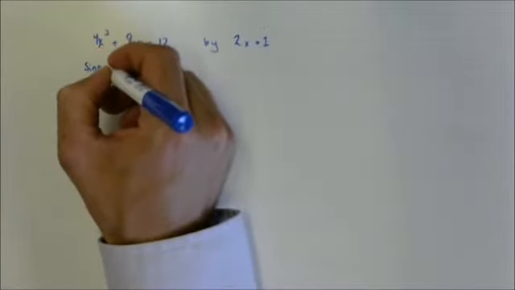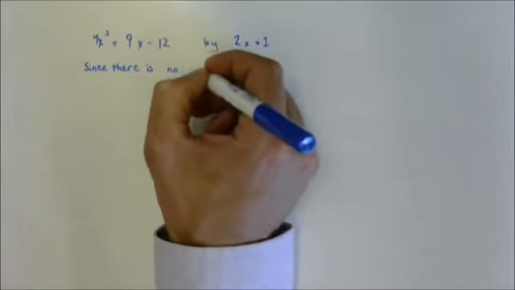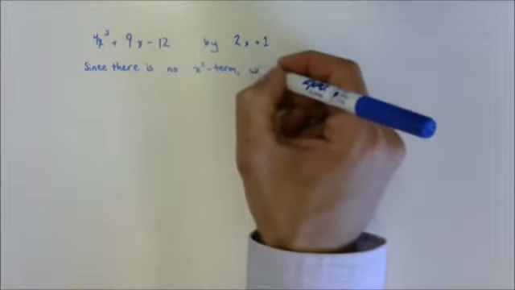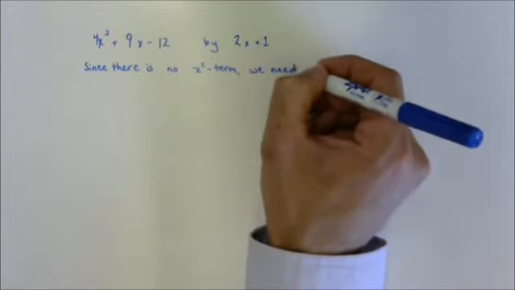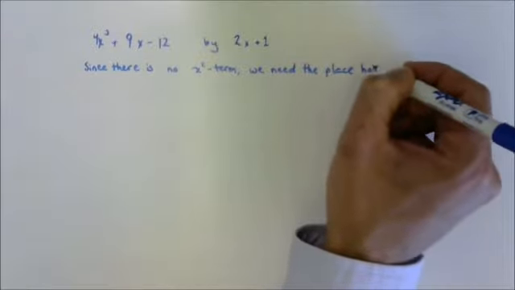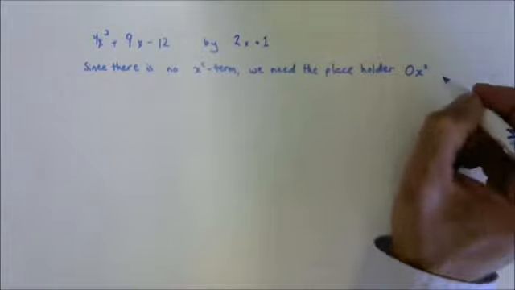Since there is no x squared term, we need the placeholder 0x squared.